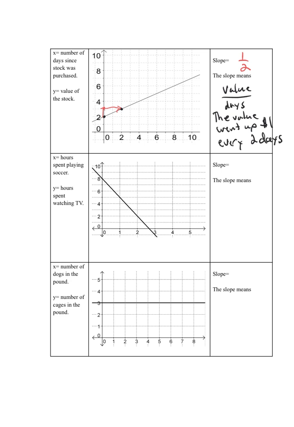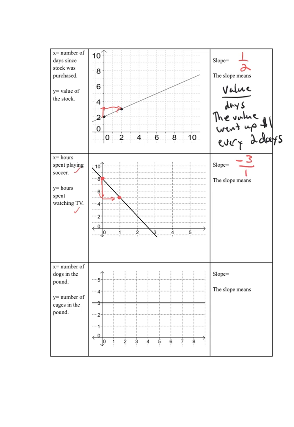If I look at the one here with soccer and TV, notice they're both hours, so you got to be specific. Here you got hours playing soccer and hours watching TV. So in this case, if I identify my points here, it looks like you go down 3 over 1. So notice this one, you went down 3 over 1.